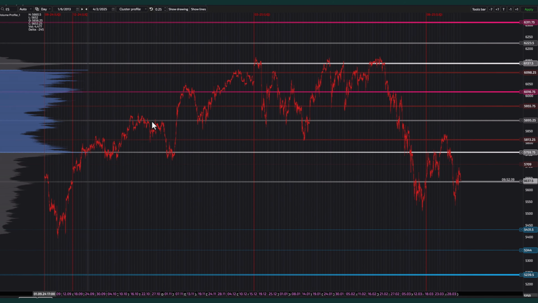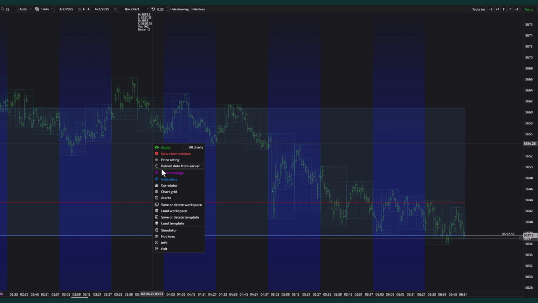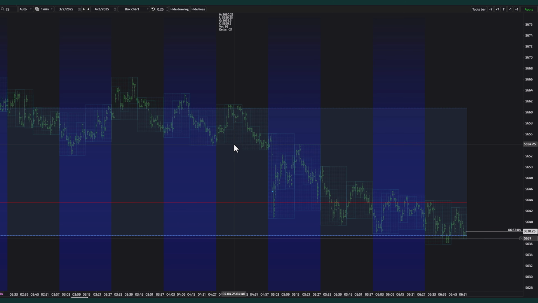And for precision, I use the daily volume profile. This is for taking intra-day trading. Okay? I hope this is clear.